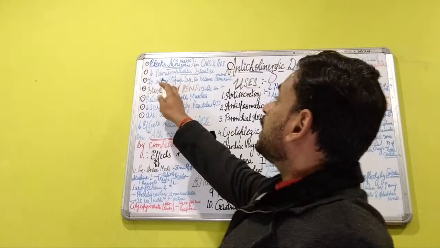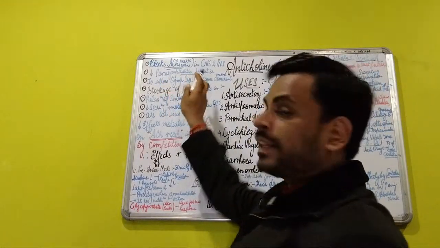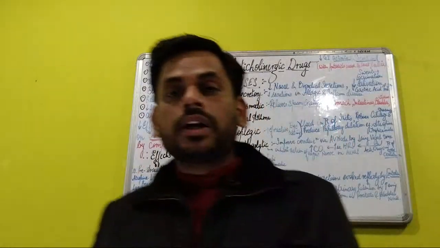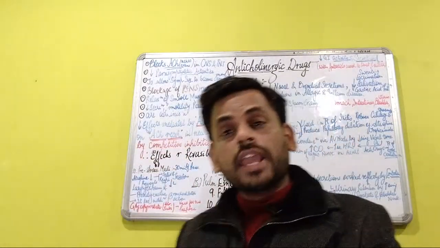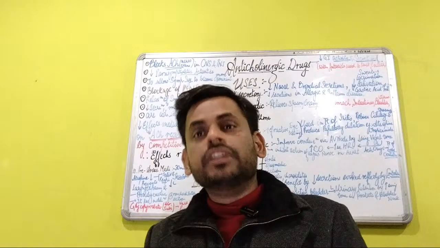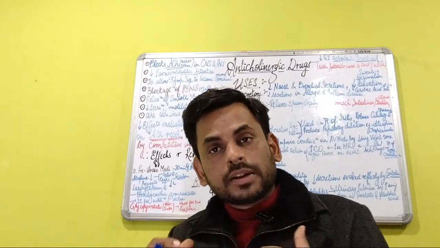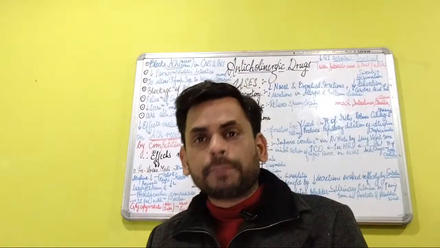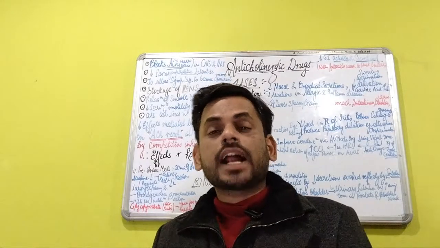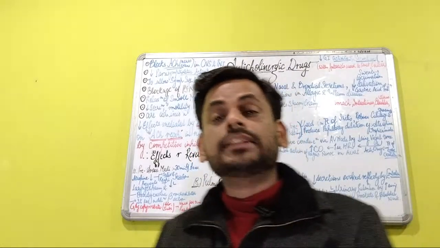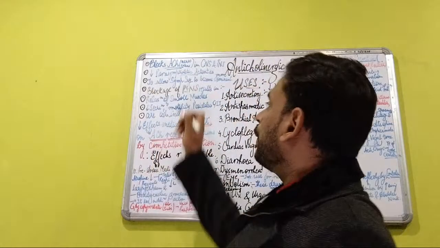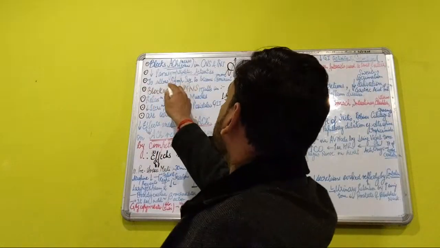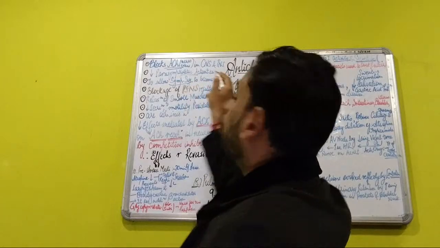Since they decrease the parasympathetic activities, they are called parasympatholytics, and they exert their action in a form very similar to sympathetic stimulation. That's why the other name for them is sympathomimetics. They allow the sympathetic system to become more dominant.